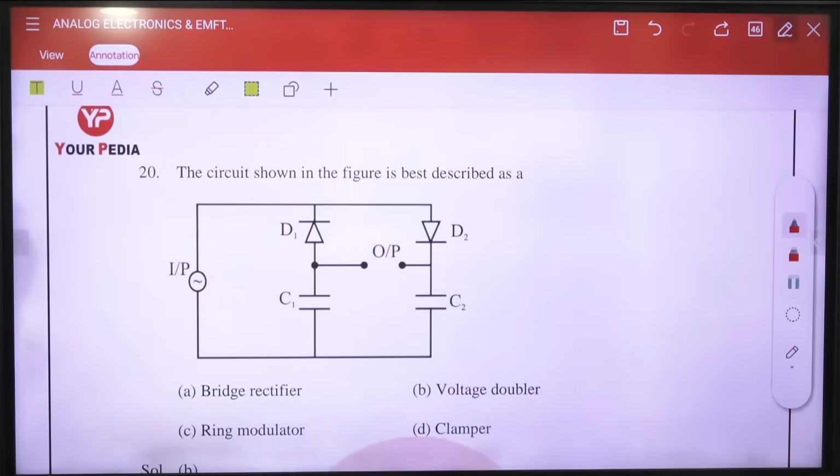What is this circuit? Yes, tell me, what is this circuit?